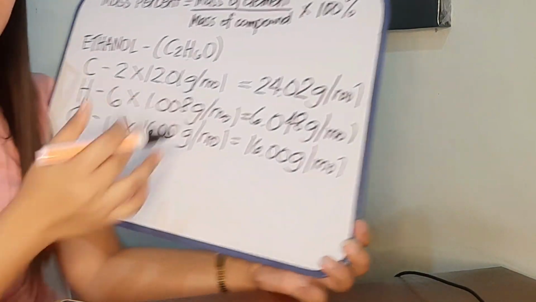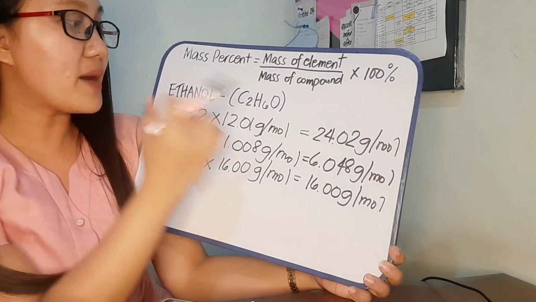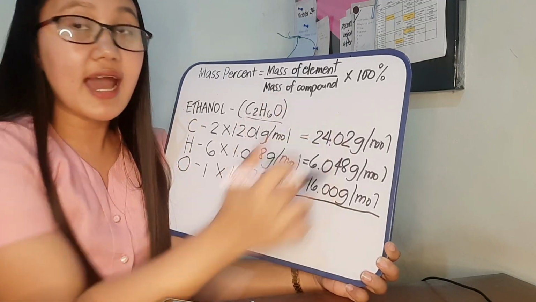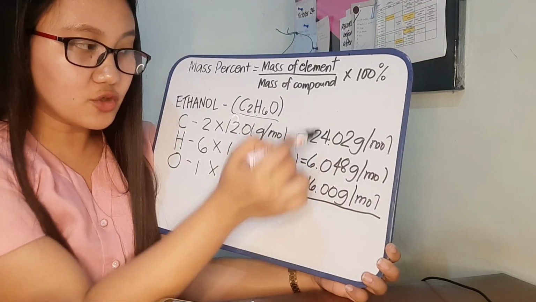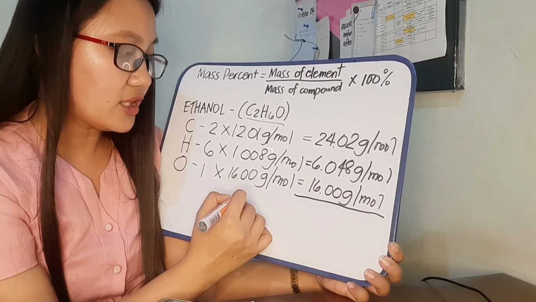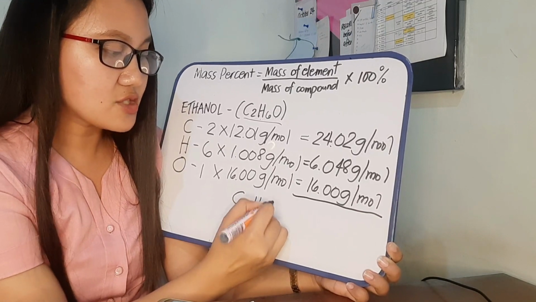Okay, and then pag nakuha na natin yan, since we are looking for the mass of the compound, ano yung mass ng buong ethanol? Kailangan natin siyang i-add. So lahat ng na-multiply natin dito, i-add lang natin yan. At syempre, ang nakuha natin dito ay ang molar mass ng C2H6O.